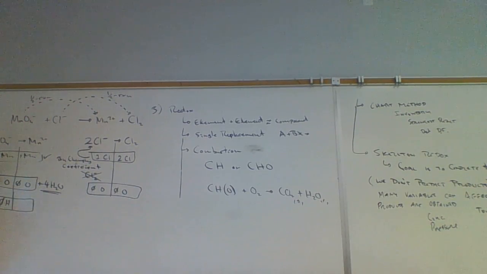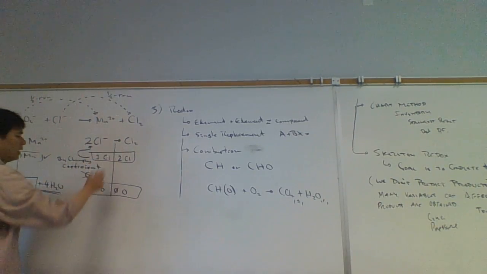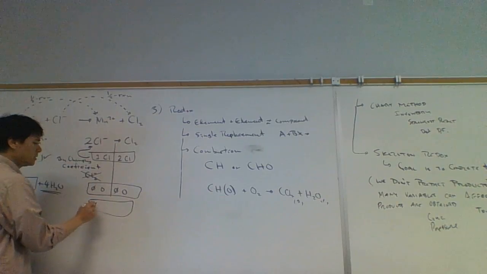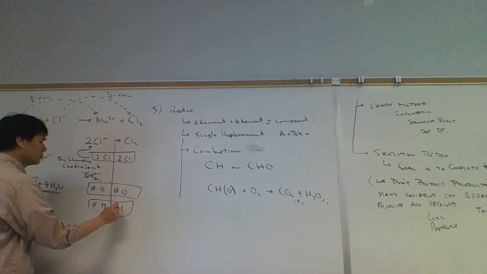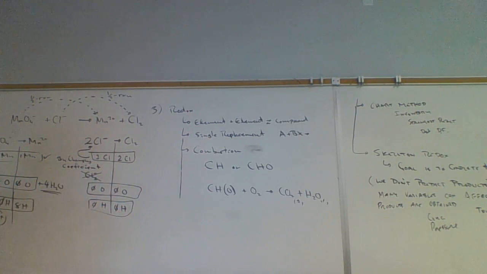And so I'm just going to throw in 8 H pluses here. That should do it. So plus 8 H pluses. Over here, I don't have to worry about it because there are no H's on both sides. So I'm set. All right, then there's the last step, which is balance the charge.